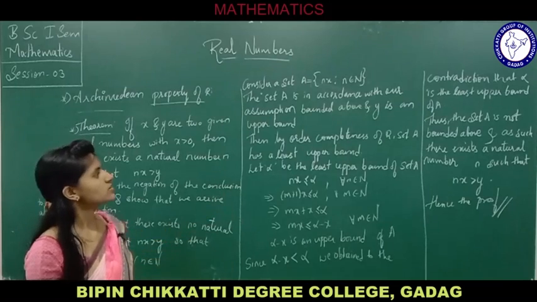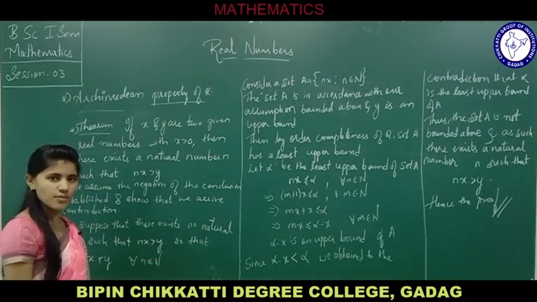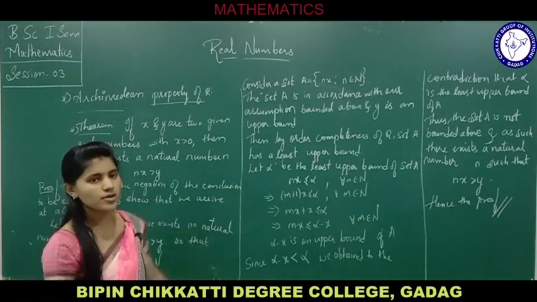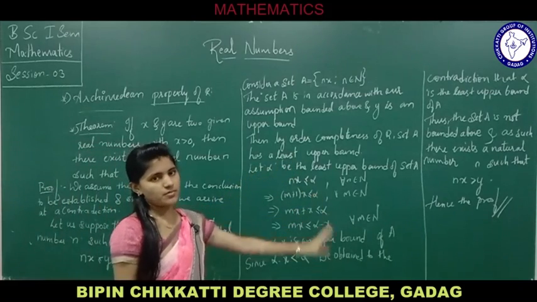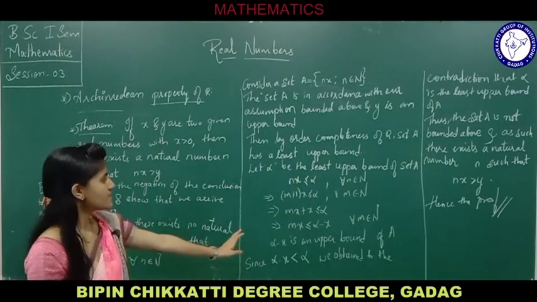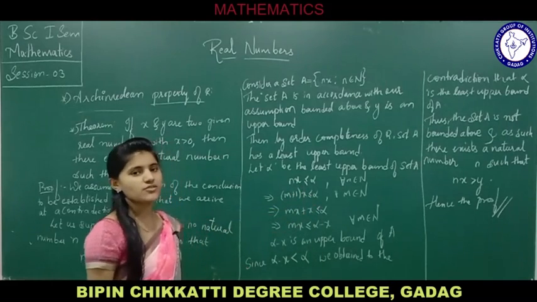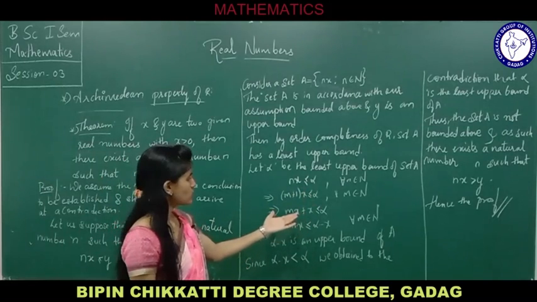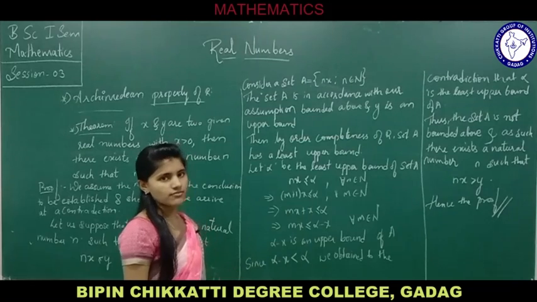Then according to the order completeness of R, set A has a least upper bound. Let alpha be that least upper bound. Then n into x is less than or equal to alpha. In place of n, since it is a natural number, m plus 1 into x is also less than or equal to alpha.